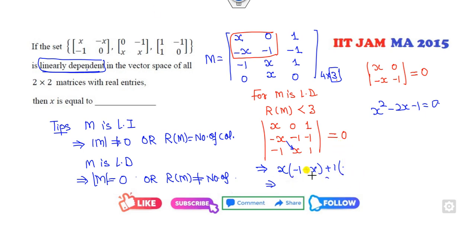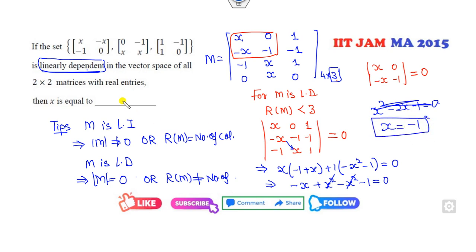This is wrong. Corresponding to this, it is minus x square minus plus and minus 1. This is 0. Now I can open this: minus x plus x square minus x square minus 1 is 0. So x will be minus 1. So the value of x they are talking about is minus 1.